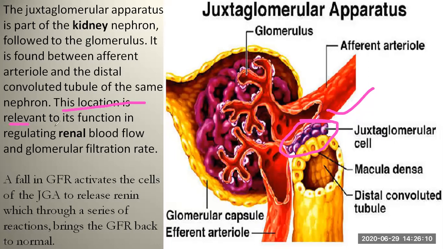This location is related to its function in the regulation of renal blood flow and the glomerular filtration rate. It means they regulate the GFR as well as the renal blood flow.